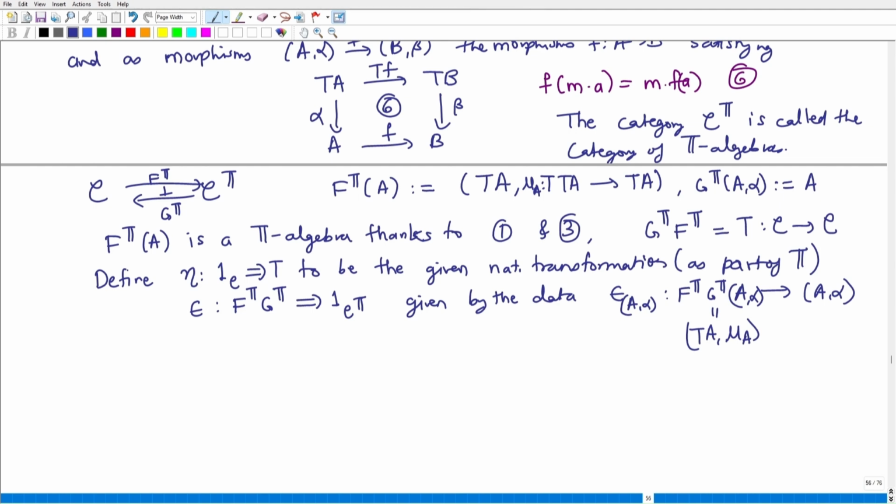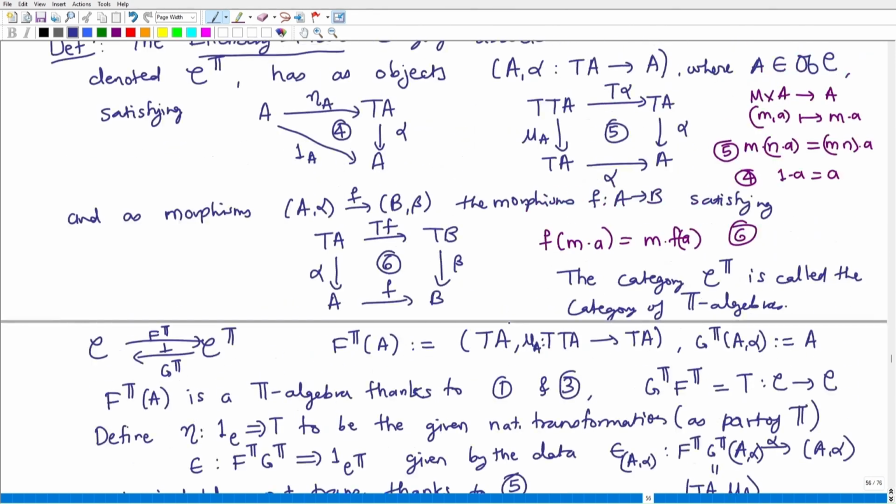Yeah, so this is alpha. Why would alpha work, TA mu A? Yes. Yeah, so epsilon is indeed a natural transformation thanks to 5.